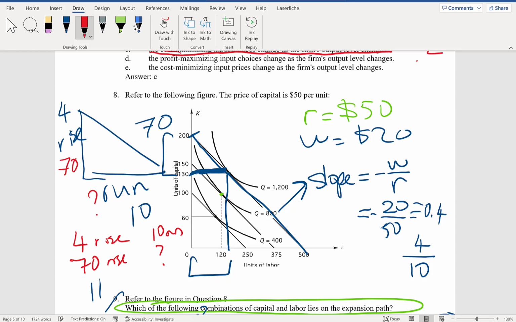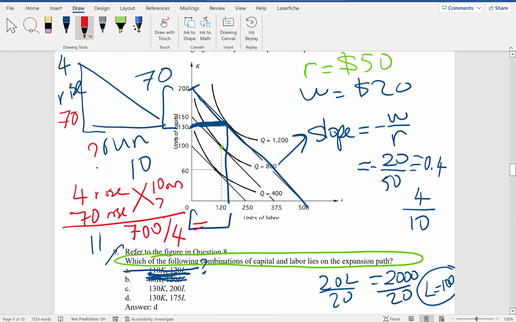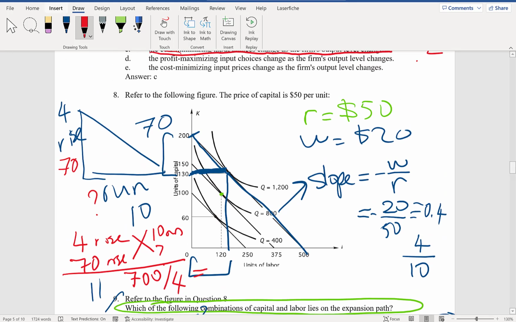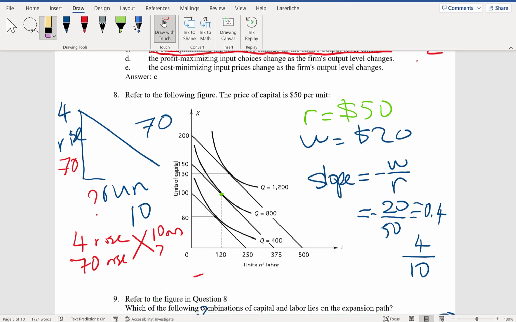You can do this multiplication: 700 divided by 4, 175. You got this in an easy way. So basically we use the formula of a triangle and the slope formula.